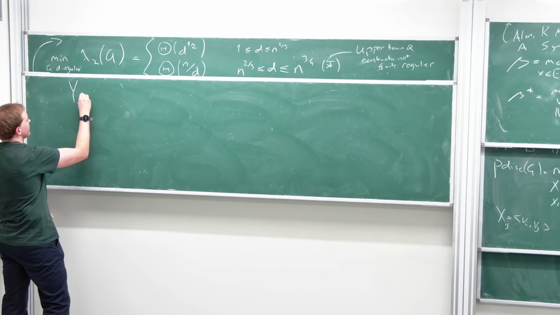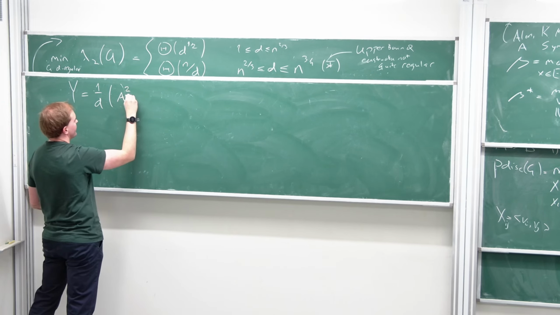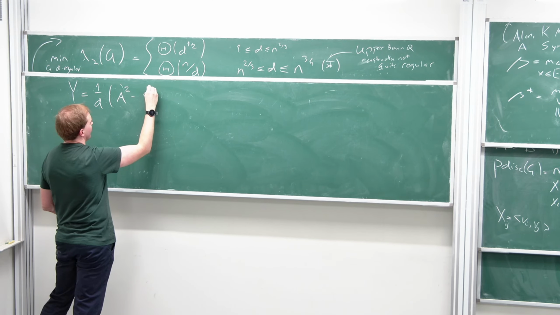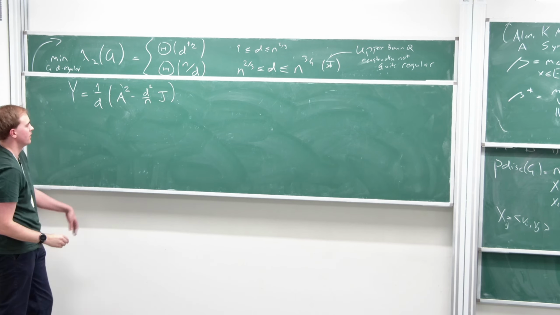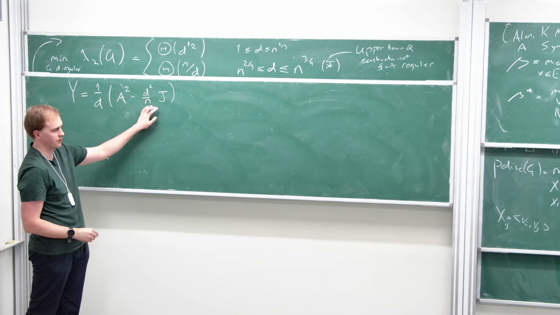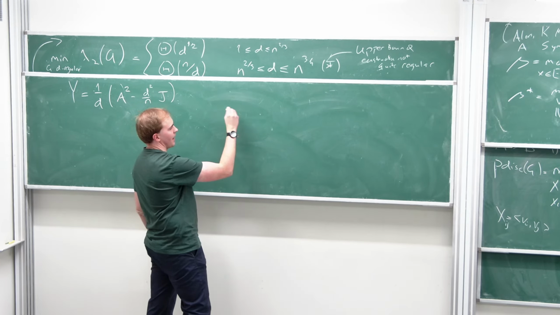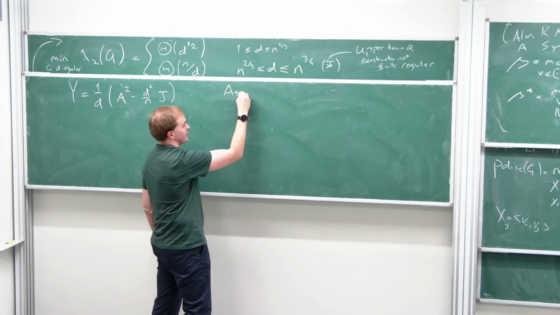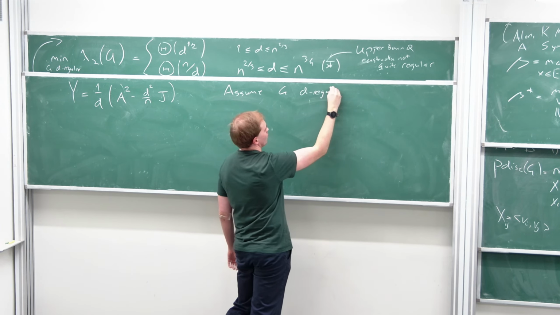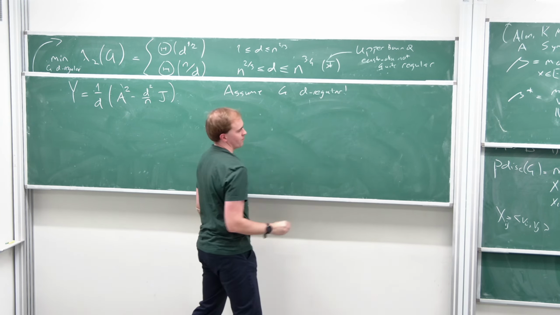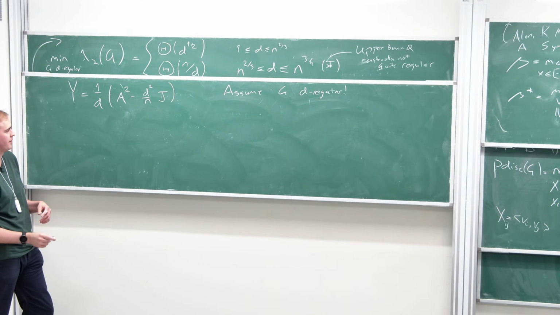Let Y be the matrix A squared minus d squared over n J. Now I'm assuming that G is d-regular, just to make the technicalities easier.